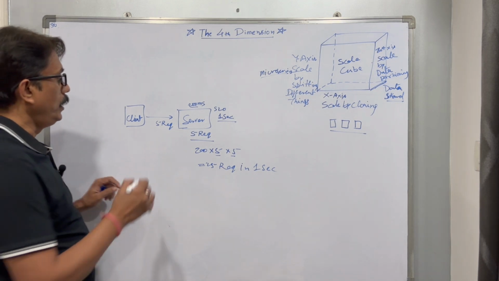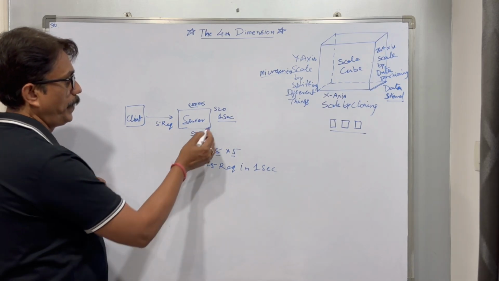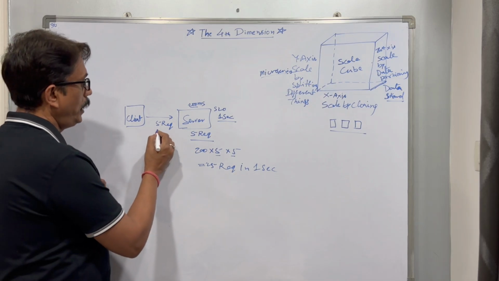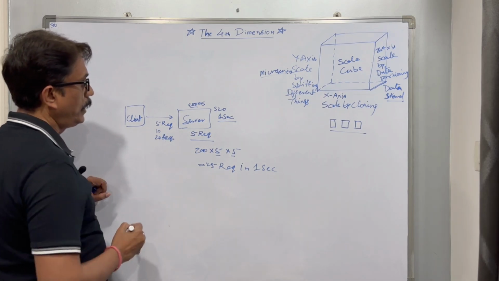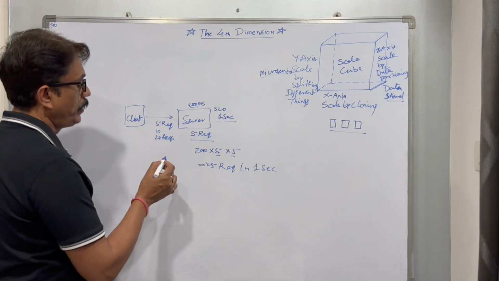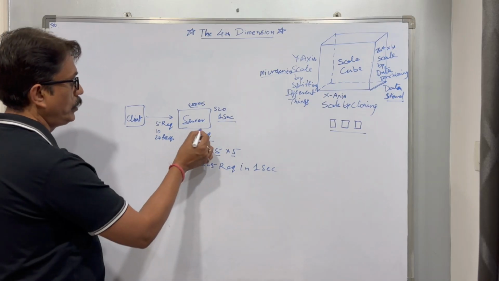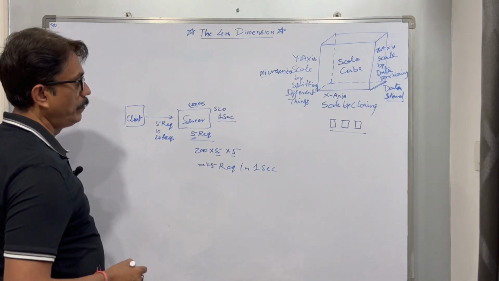But if we are sending 5 requests to this server, it can process 5 requests at a time. But if we send 10 or 20 requests at a time, this server will accept only 5 requests and the rest will be rejected. Why? Because this server can process only 5 requests at a time.